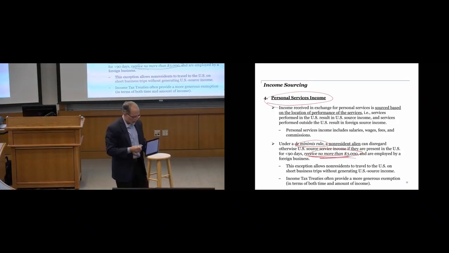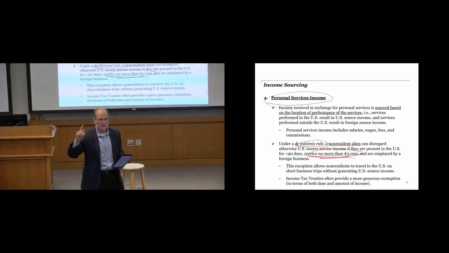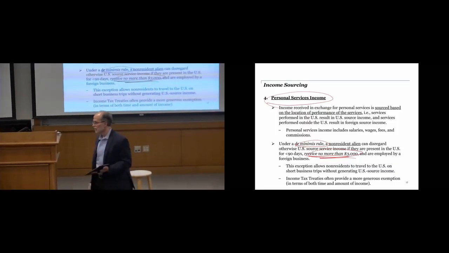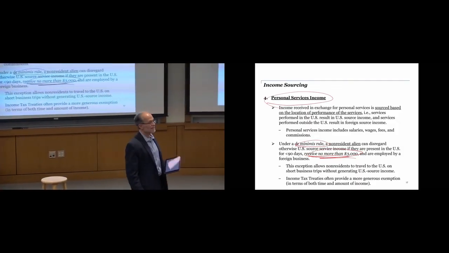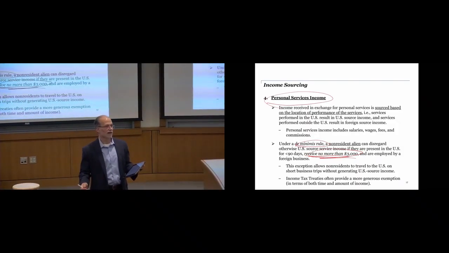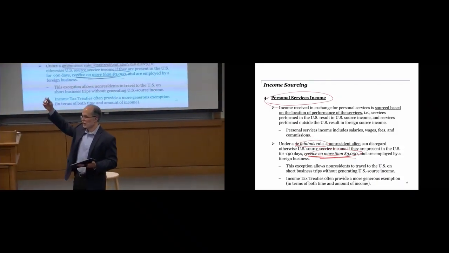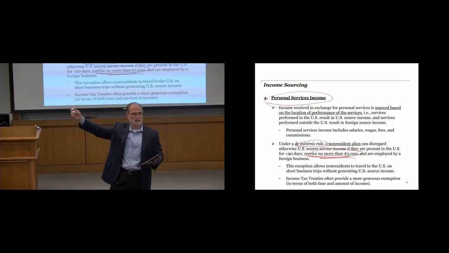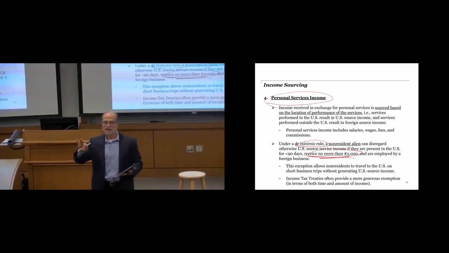You see the problem here. This is one of the rare numbers in the tax code that is not indexed for inflation. It's been $3,000 as long as I can remember. That's not a lot of money, right? If it's a foreign individual who's a very successful salesperson, and they come into the United States for a period of time, less than 90 days, that's 3 months, that income that's allocated there is going to be greater than $3,000, right?